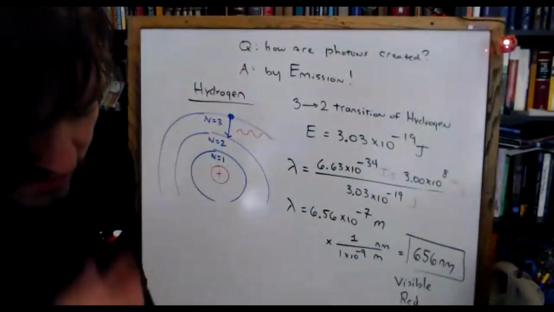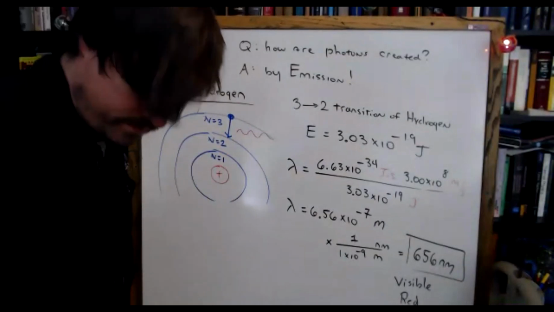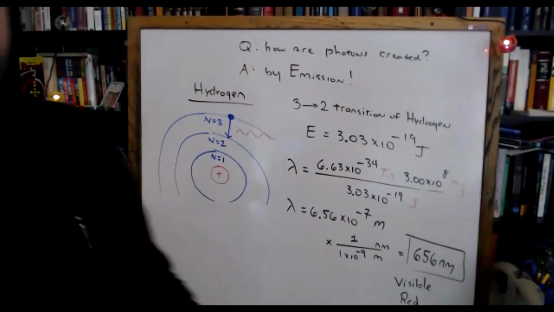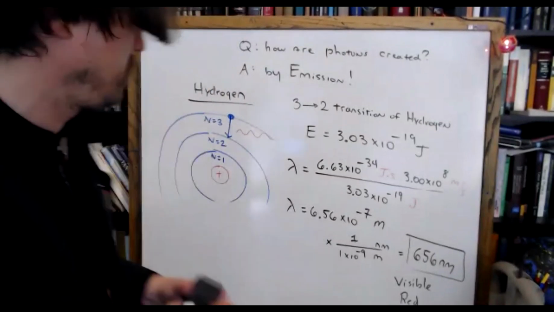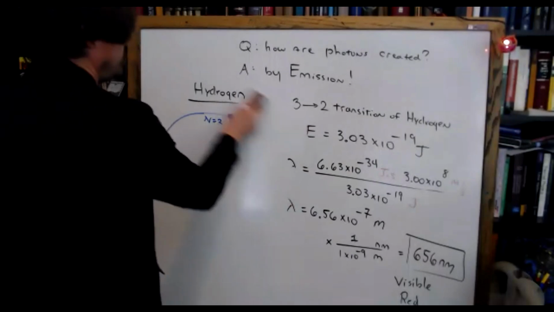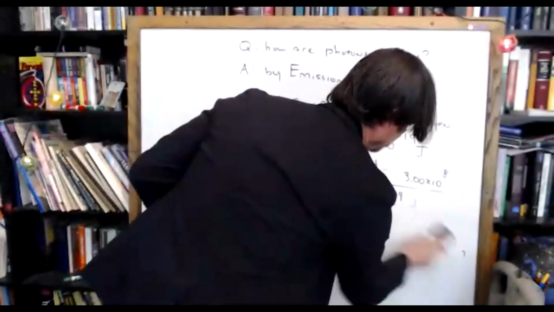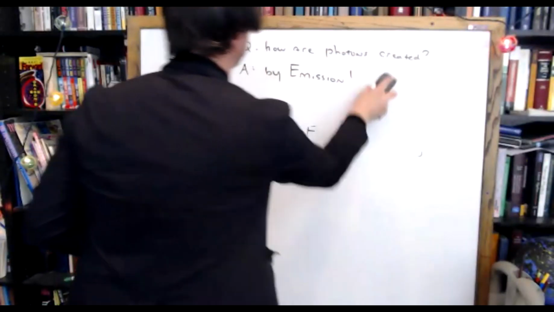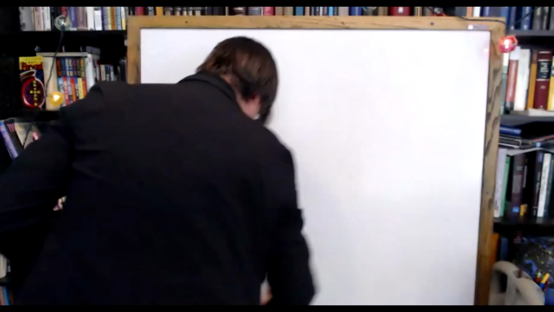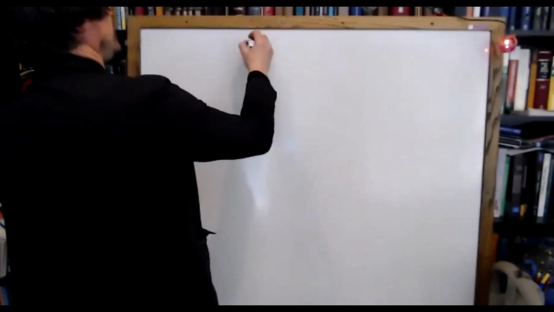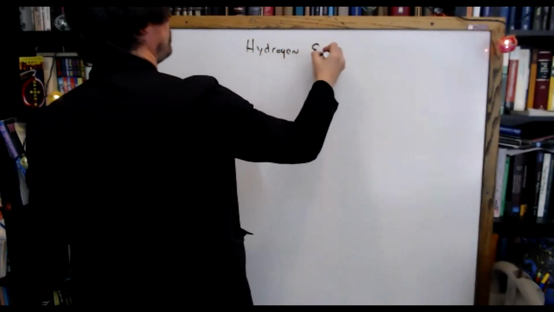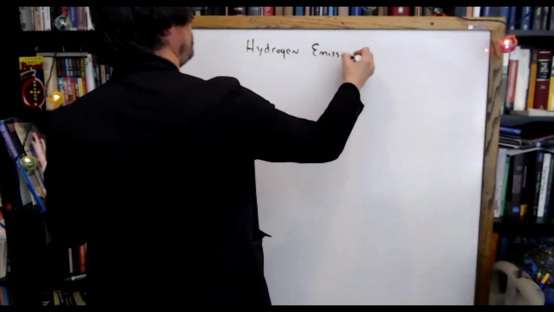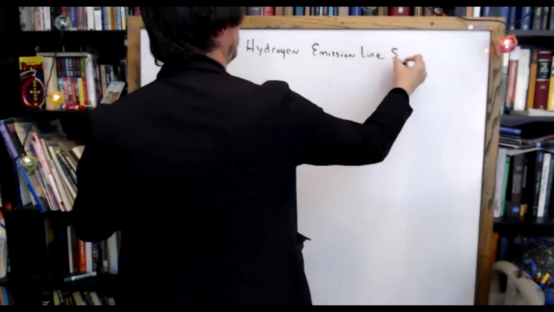So let's draw out the spectrum of hydrogen over here on the board. What we were just talking about is known as the hydrogen emission line spectrum.